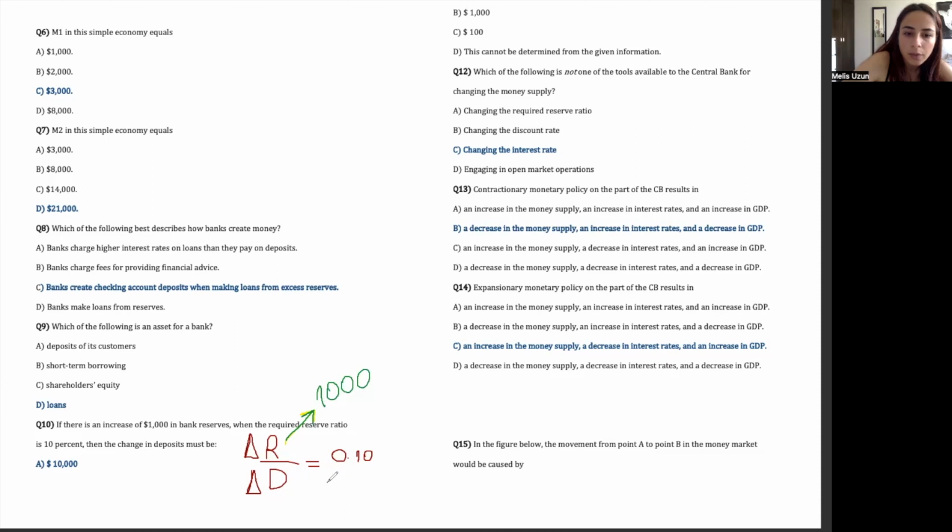So if we divide 1,000 by 0.10, we will find the change in the deposits, which is equal to 10,000. The option A.